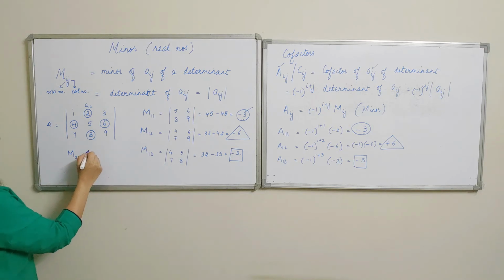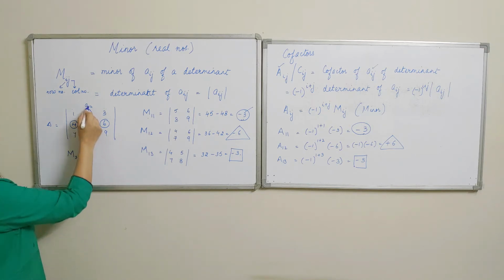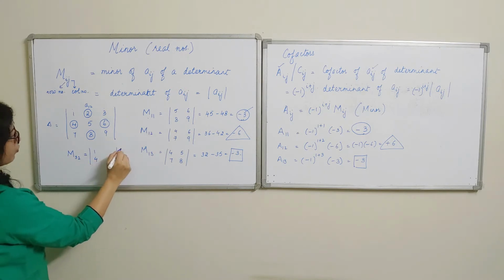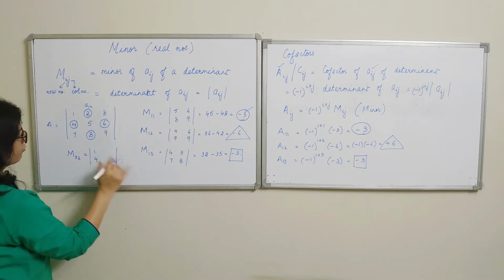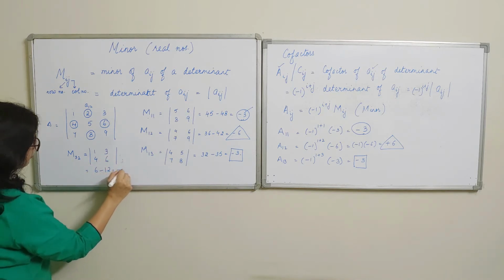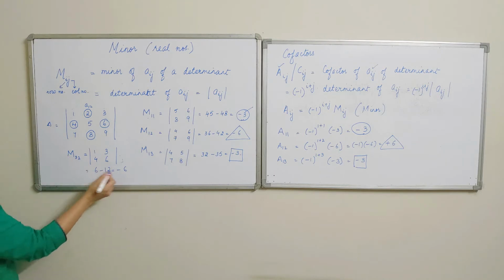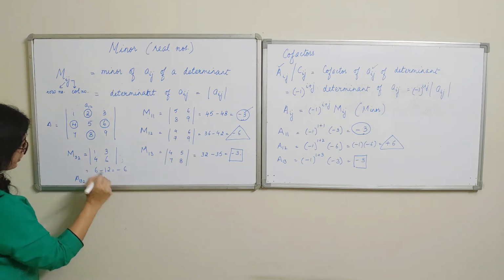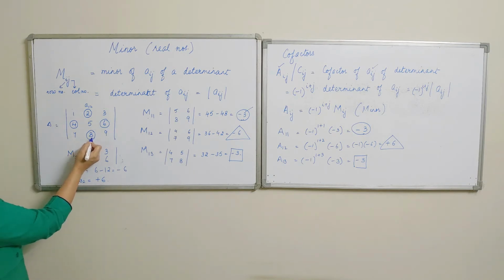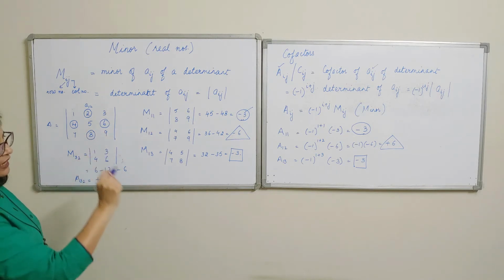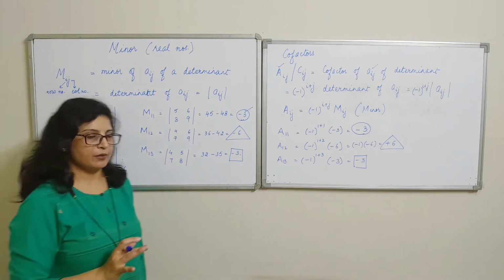Deleting the third row and the second column, the determinant is 1, 4, 3, 6, and this is equal to 6 minus 12, which is -6. Since the minor is -6, we know the cofactor will be +6, because this is a special element. For the other elements, the minor and the cofactor will have exactly the same value with the same sign.